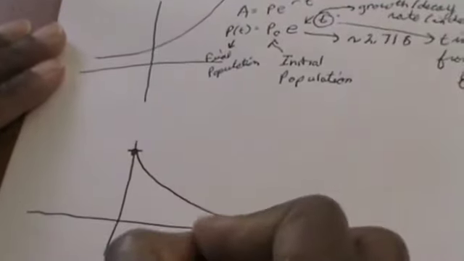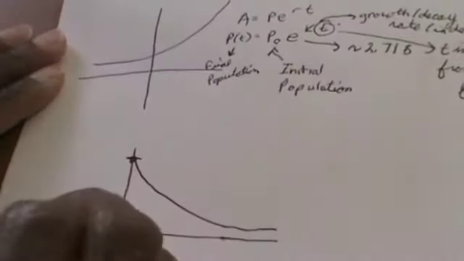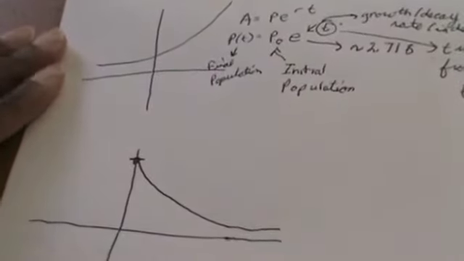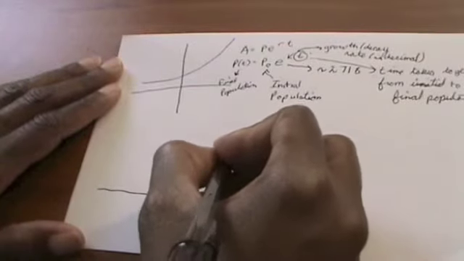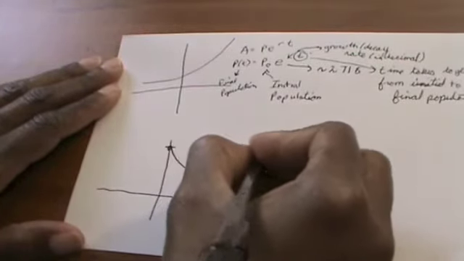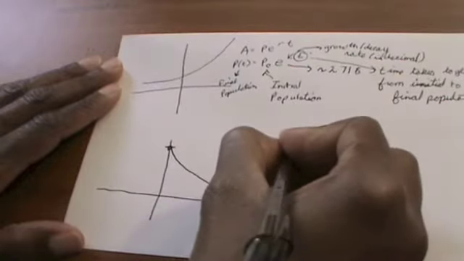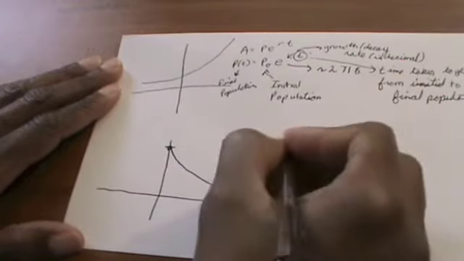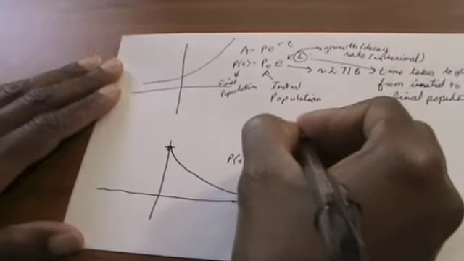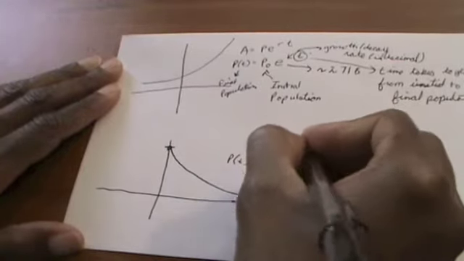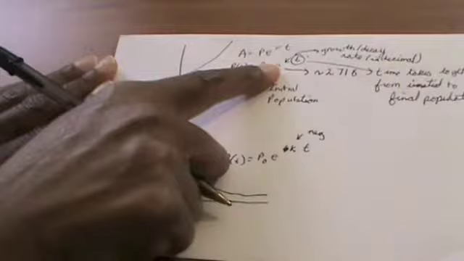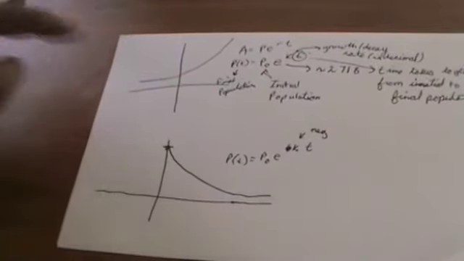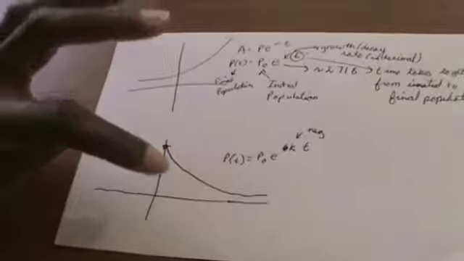So the difference between these two is that this one is going to be P of t equals P sub 0 e to the negative kt, or you could just say k is negative. You can make note of that. Whereas here, k is going to be a positive value. All right, so you're looking at either rapid growth or rapid decay.